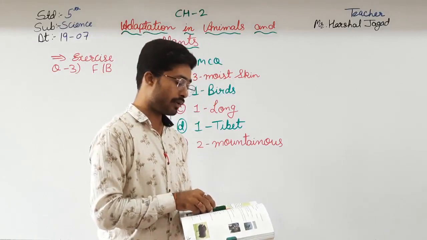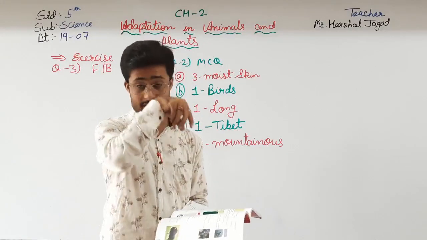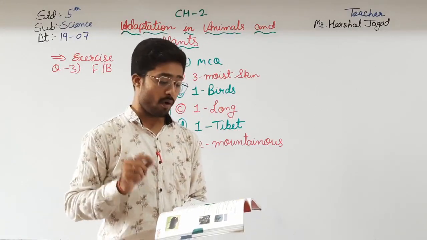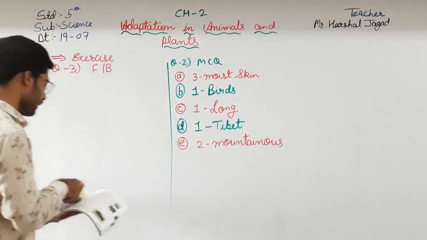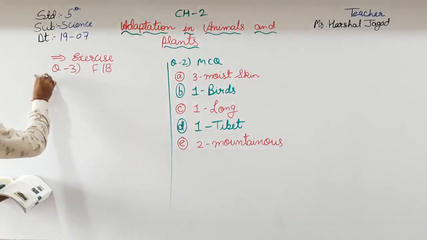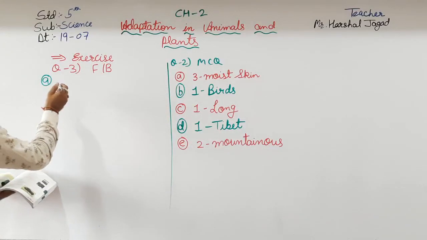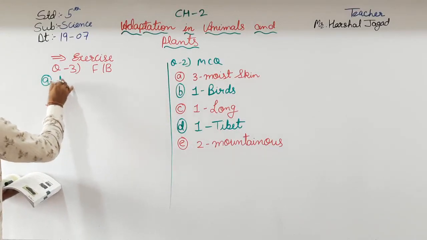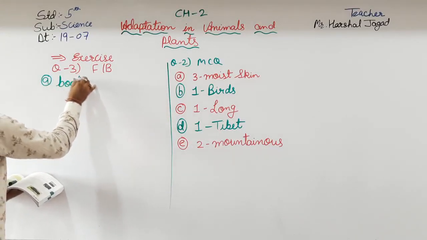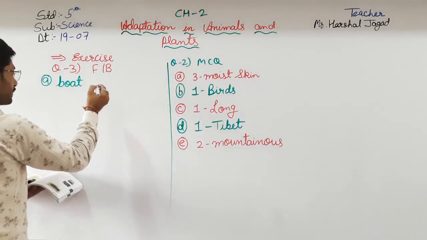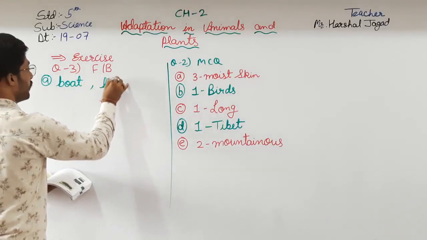So here we know that birds have boat shaped body and hollow bones. So here in the A it will be boat, and in the other blank that is hollow.